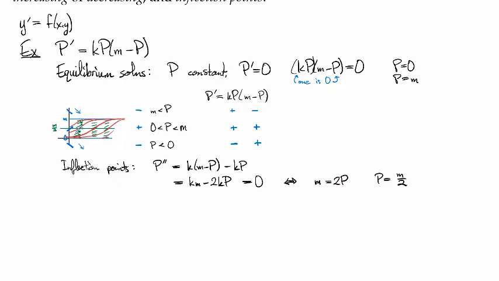Things that start above are going to decrease exponentially, and things that start below are just going to take off downward, decreasing exponentially, like that. That's a reasonably good plot of what the solution curves look like for this logistic model.